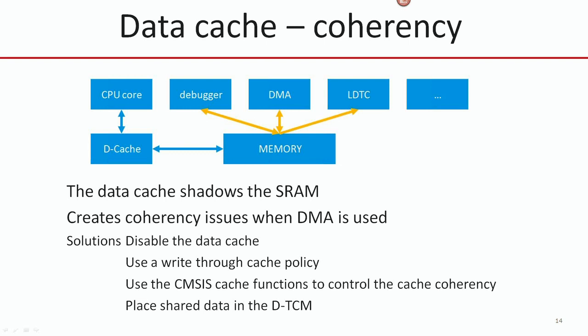It would also be possible to place the data that's being shared with the DMA within the tightly coupled memories. So then this memory is shared directly between the CPU and the DMA, and we escape any coherency issues. So there's a number of ways to deal with the data cache to maintain coherency within the system.